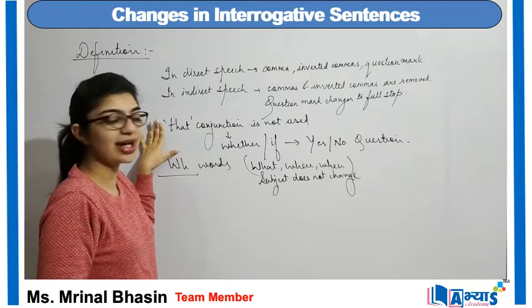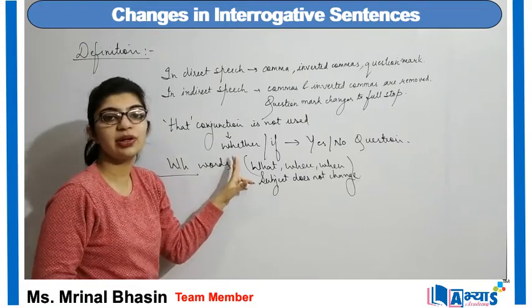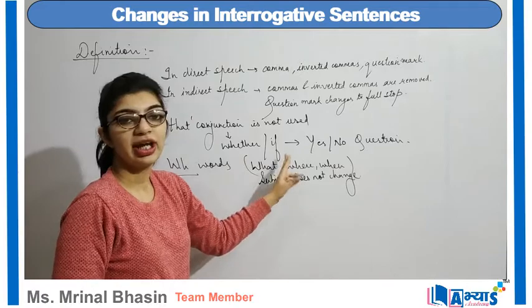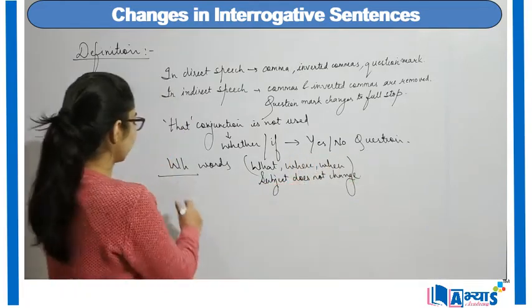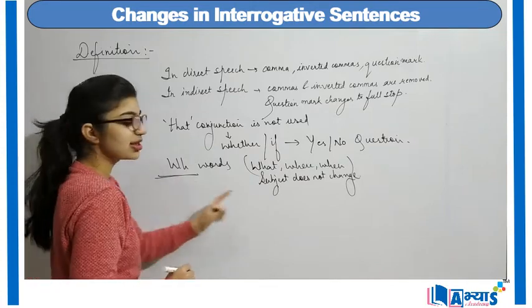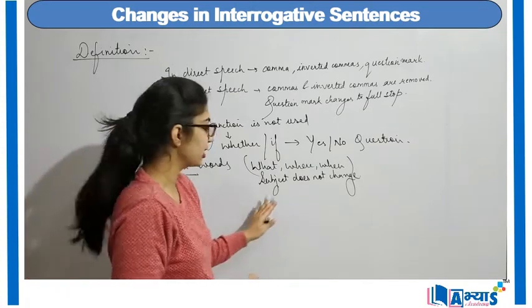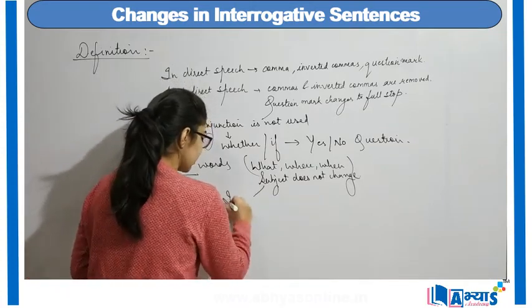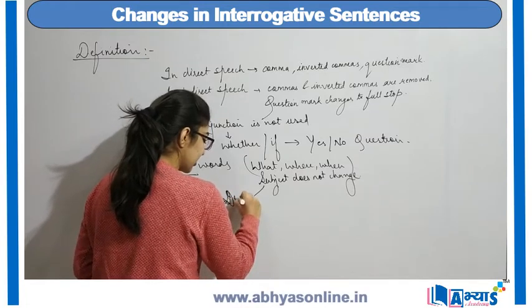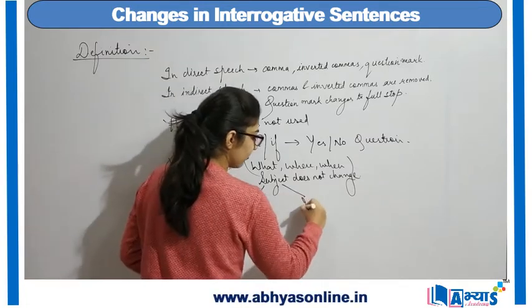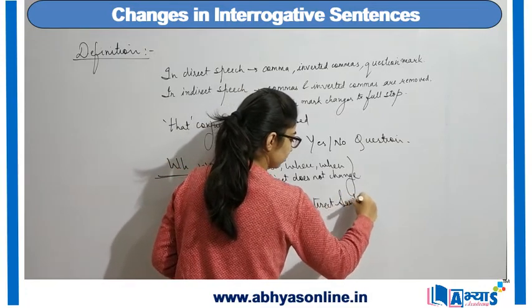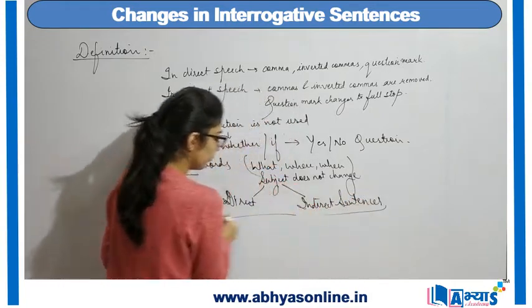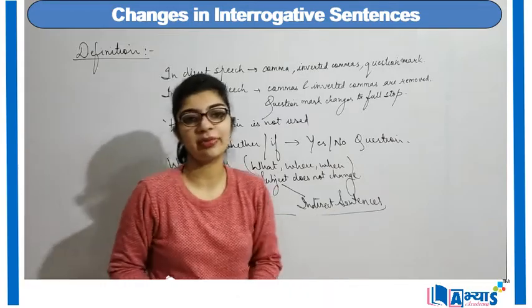Instead of using that conjunction, we will be using whether or if we have to answer any yes or no question. Next is for WH words, the subject does not change. The subject is the same for direct sentences and it is the same for indirect sentences. So for both, my subject will remain the same.